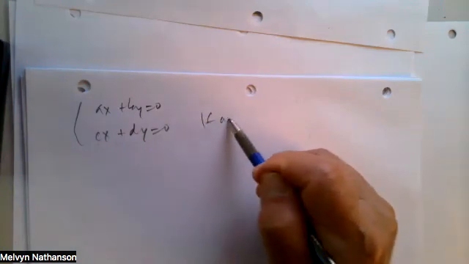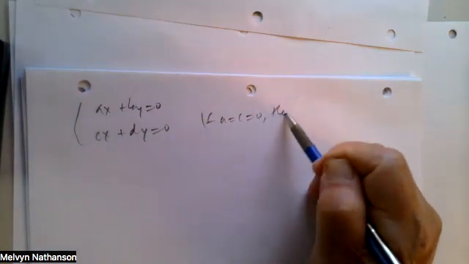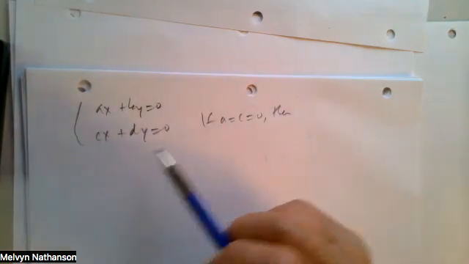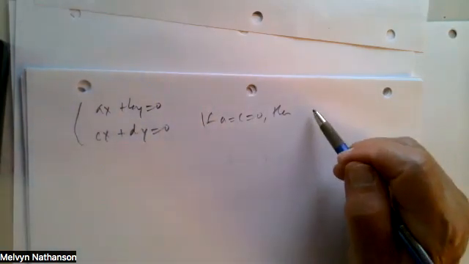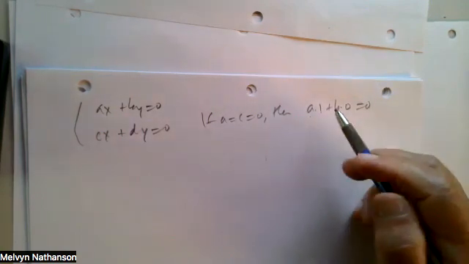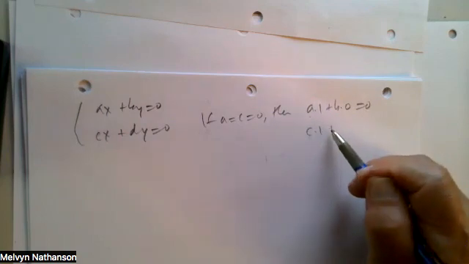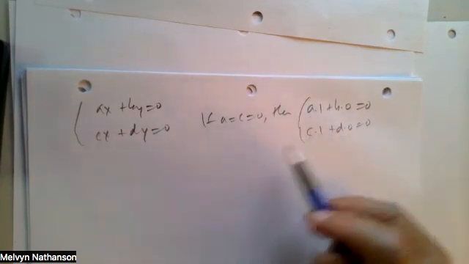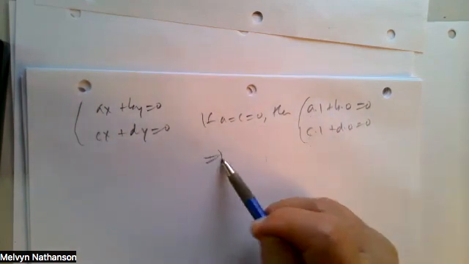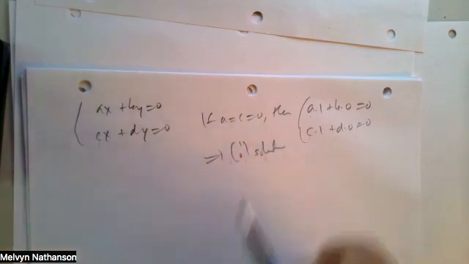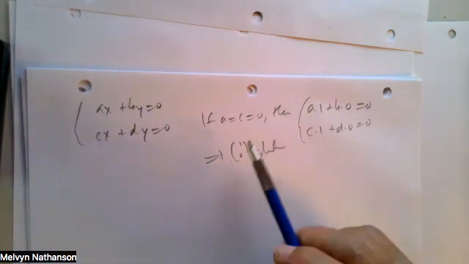If A and C are both 0, then these equations simply become: A times 1 plus B times 0 is 0 because A is 0, and C times 1 plus D times 0 is 0 because C is 0. So (1, 0) is a solution, and that's a non-zero vector.